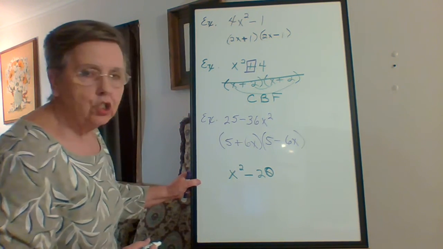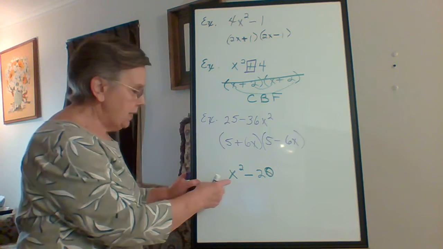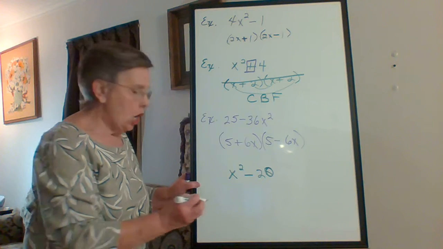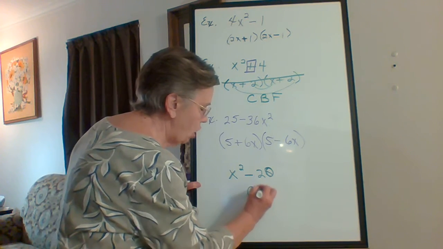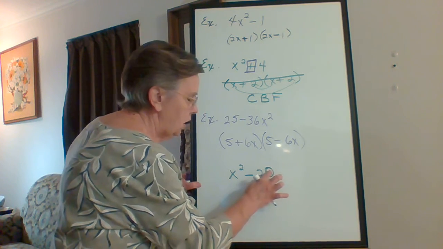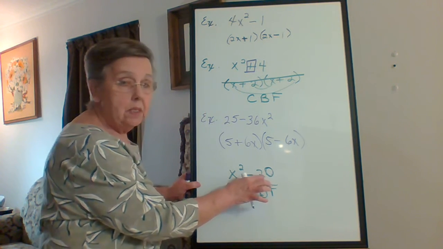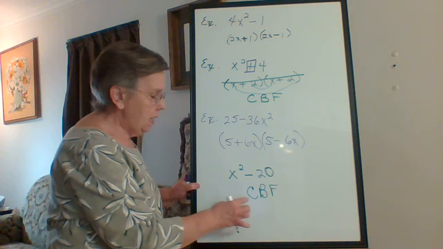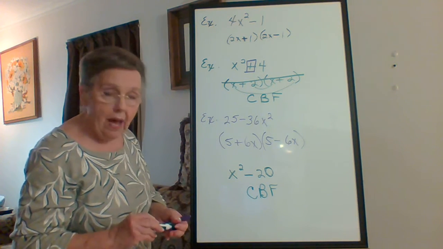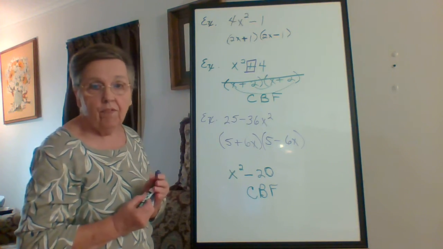X squared is a perfect square, but is 20 a perfect square? No. So here's another case where you could go directly to cannot be factored. If this number is not a perfect square, it cannot be factored. So 2 reasons when you have 2 terms that you cannot factor it.